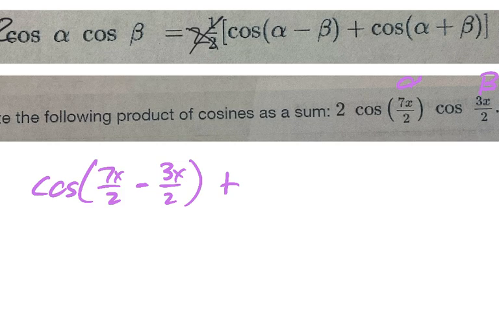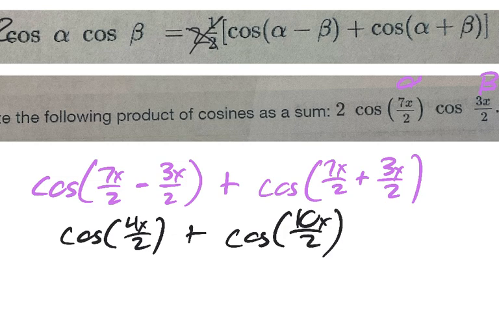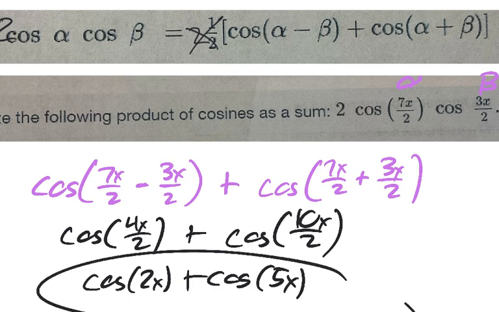Plus cosine of alpha, 7x over 2, plus beta, 3x over 2. So this is 4x over 2 plus 10x over 2, which is 2x and 5x. That's the answer.